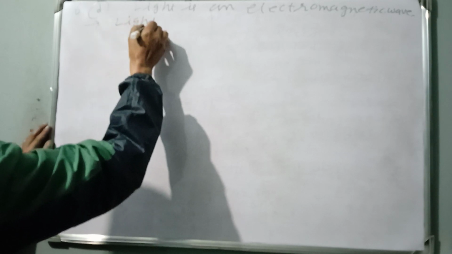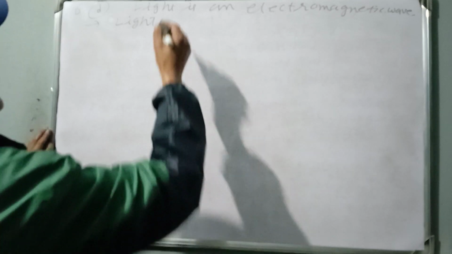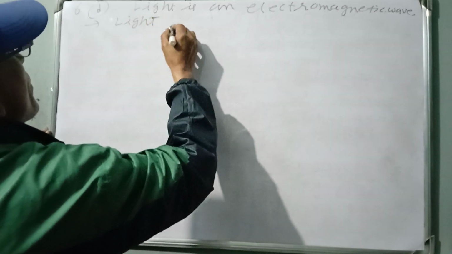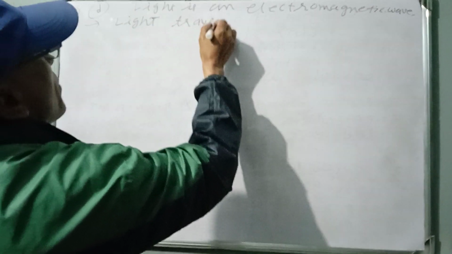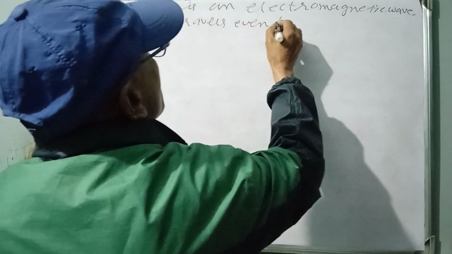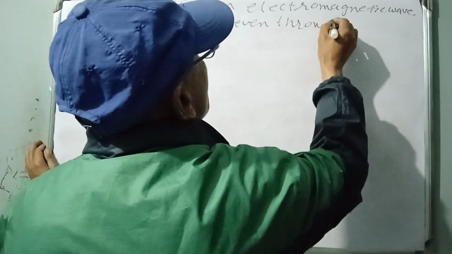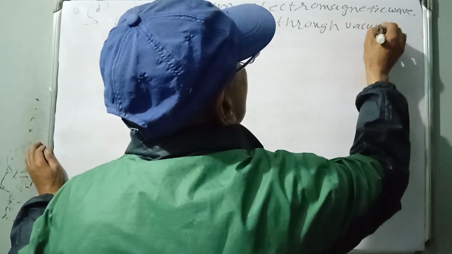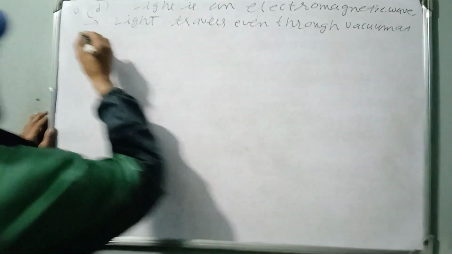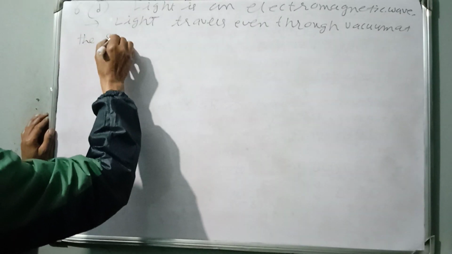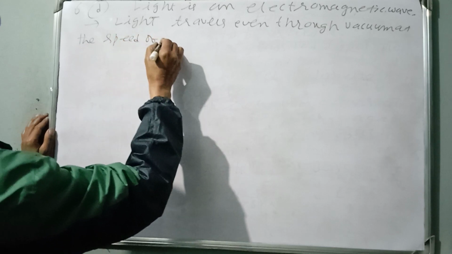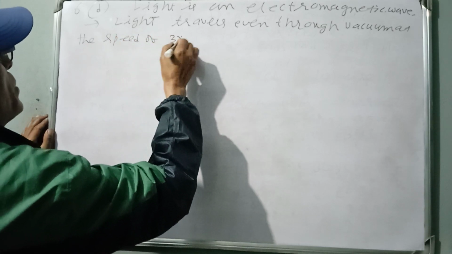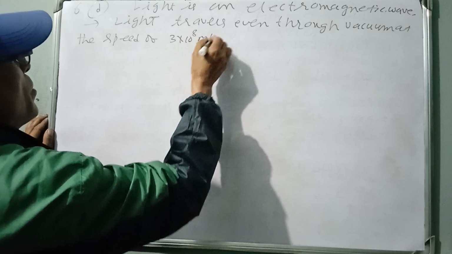Light is an electromagnetic wave. Why? The reasons are as follows. Either you can write in points: light travels even through vacuum at the speed of 3 into 10 to the power 8 meter per second.